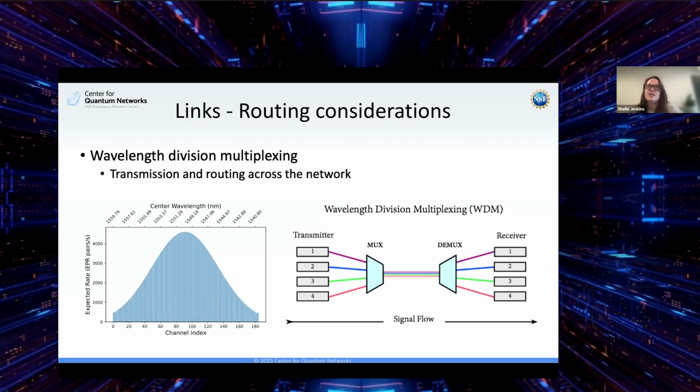And so this is another example of a device that would ideally be made into integrated circuits to be able to scale them. Wyatt will talk more about this in depth, but one example would be ring resonators, which can act as filters to direct certain wavelengths to certain different waveguides.